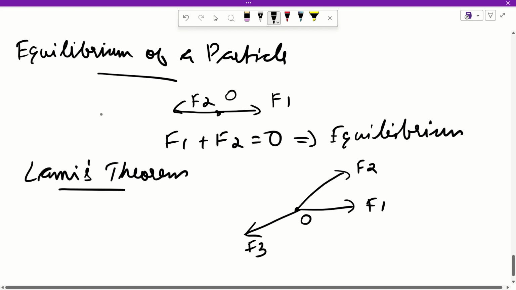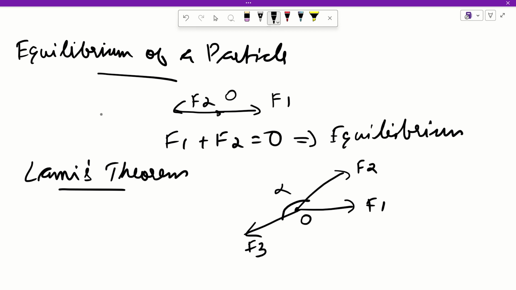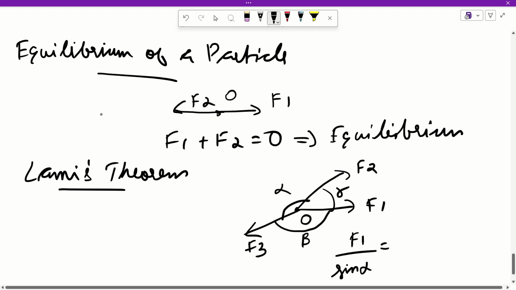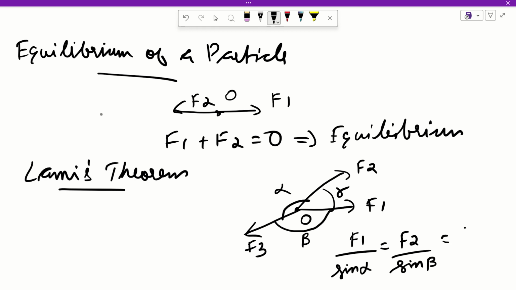If alpha is the angle opposite to F1, beta is the angle opposite to F2, and gamma is the angle opposite to F3, then Lami's theorem states that F1 by sine alpha equal to F2 by sine beta equal to F3 by sine gamma. This is an important equation, please note it down.